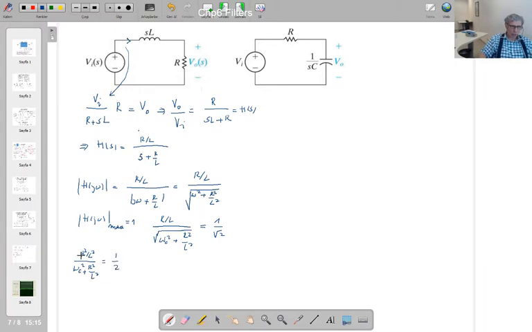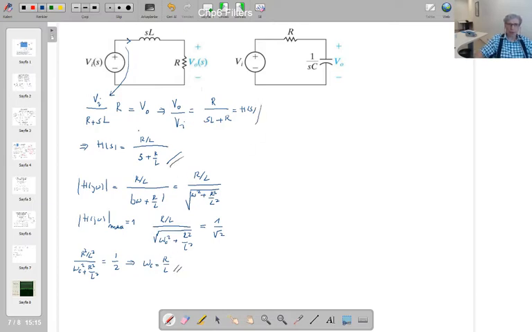So that gives you 2, drops 1. From that you get omega C equals R over L. So this is the cutoff frequency that we calculated. That is the transfer function here, and this is the cutoff frequency.